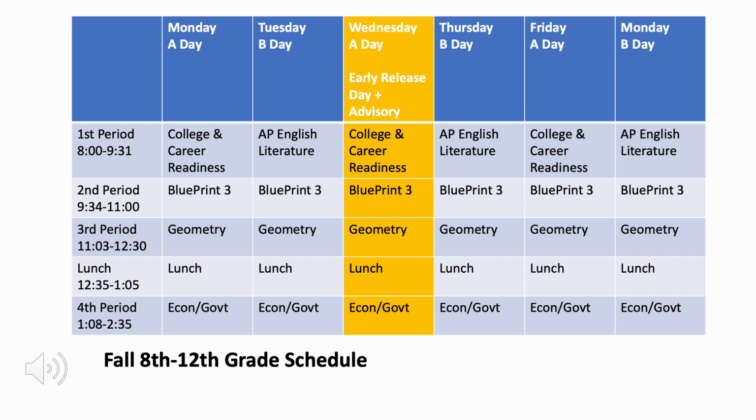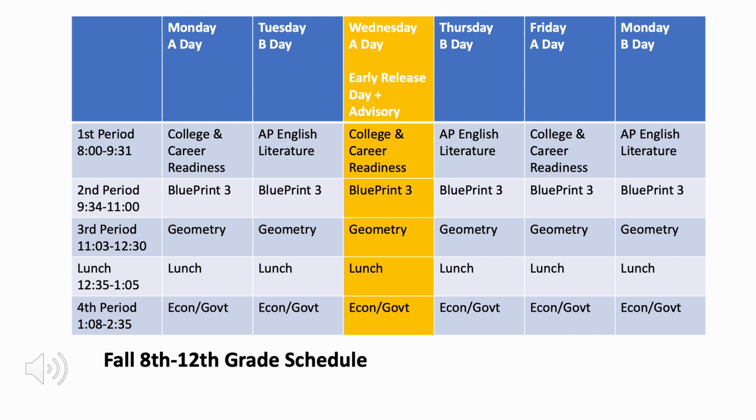On this view of the student's schedule, we can see Monday designated as an A day, Tuesday designated as a B day, Wednesday designated as an A day, Thursday designated as a B day, Friday designated as the A day, and then, this is very important, note, we've also given you the view of the following Monday as a B day.